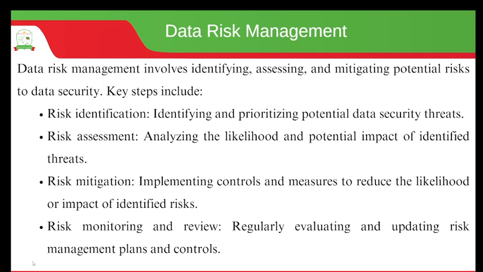And then we assess the risk, or what we call risk assessment. Here we analyze the likelihood and potential impact of identified threats. The other one is risk mitigation, implementing controls and measures to reduce the likelihood or impact of identified risks. So what is it that we can do to prevent the risks that we have identified?